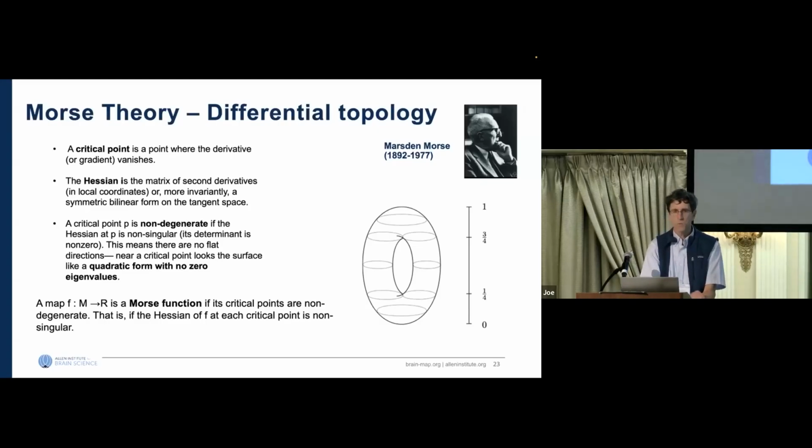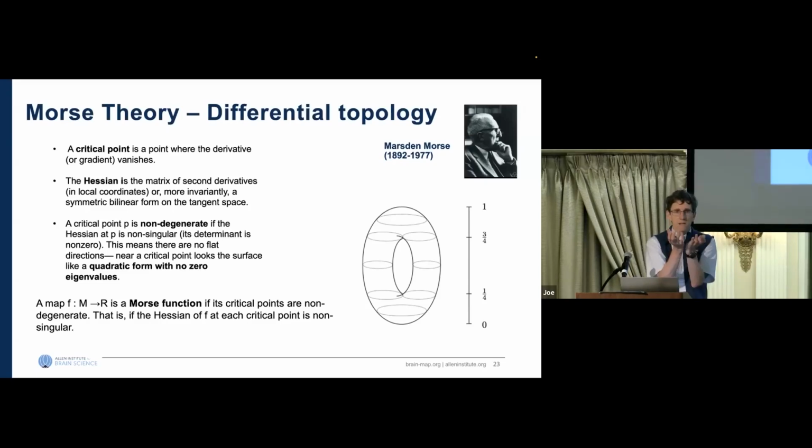The notion is, if you want to study the topological properties of a continuous manifold, Morse's realization is that, provided I can get some kind of local differentiable structure, then around the critical points, the places where this manifold really changes its topology, I can model it using essentially a quadratic form.